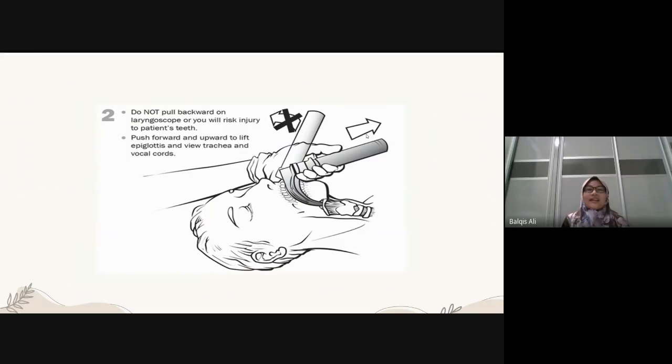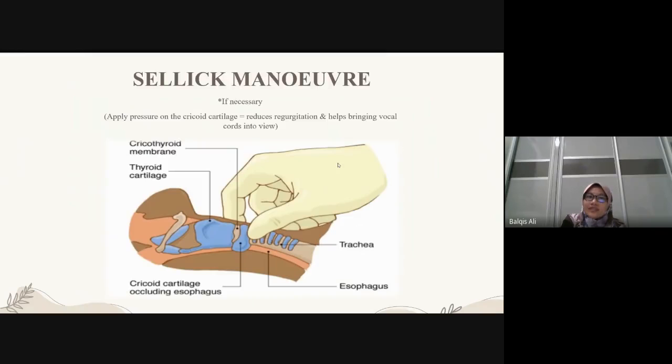Okay, and then make sure not to pull backward on the laryngoscope, or you may injure the upper incisor teeth. And then we push forward and outward to lift the epiglottis and view the trachea and vocal cords. Okay, if we can't see the vocal cords, we can use the Sellick maneuver by applying pressure on the cricoid cartilage.